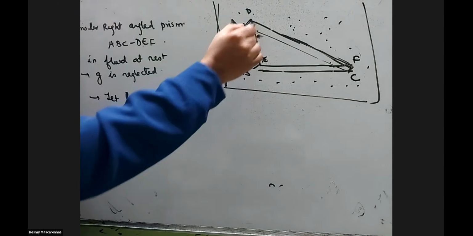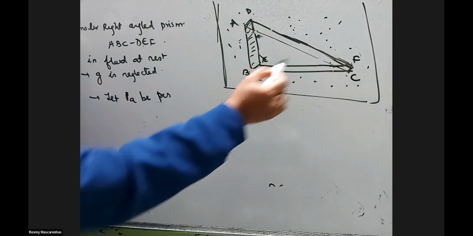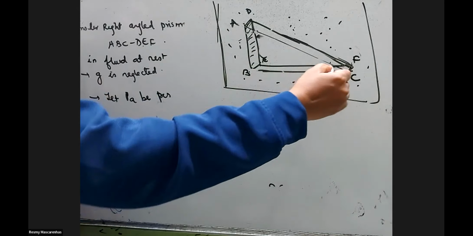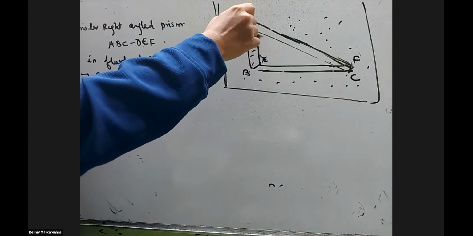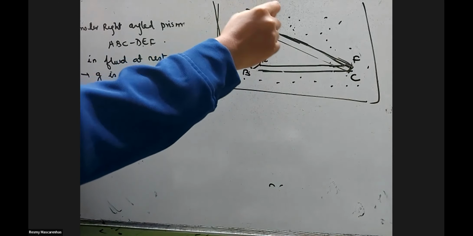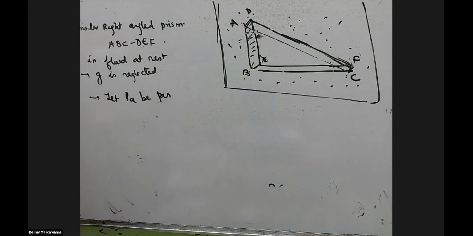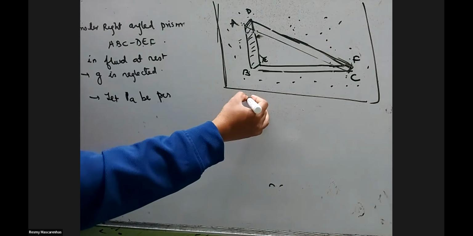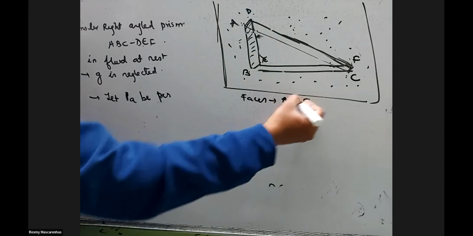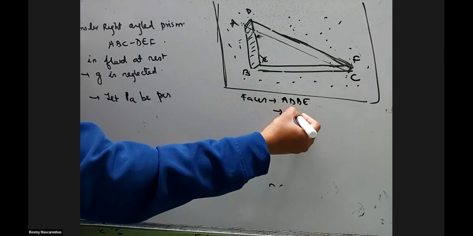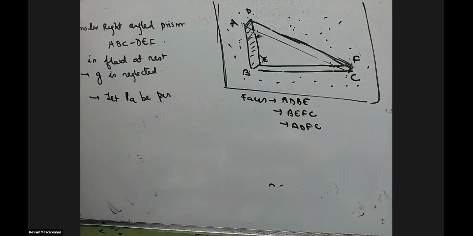One is this face, and the second face is B, E, F, C. The third one is A, D, F, C. These are the three faces.